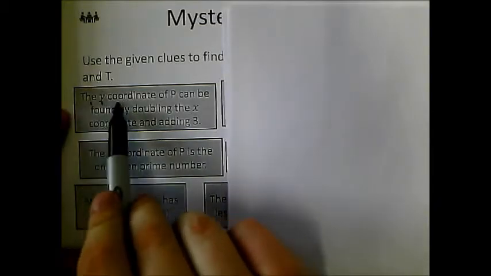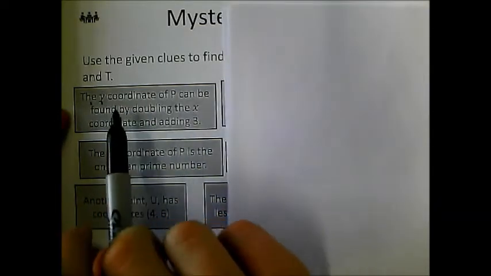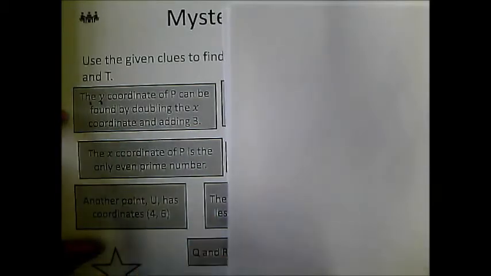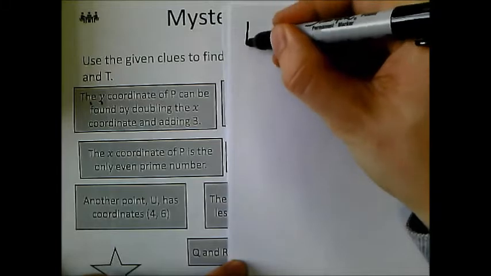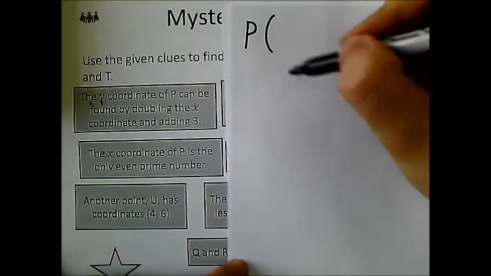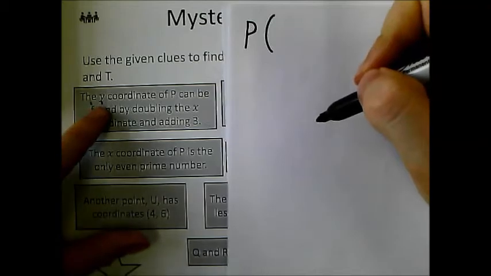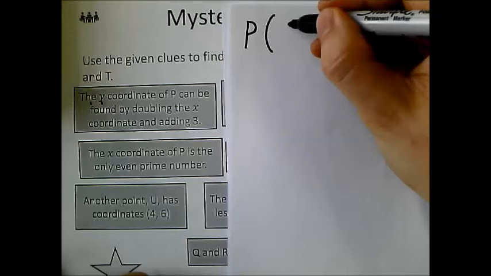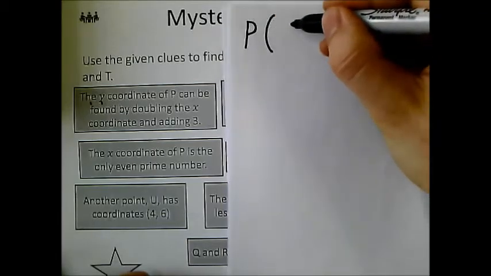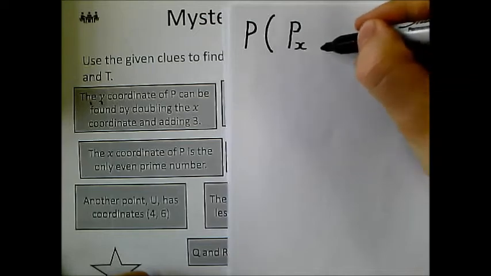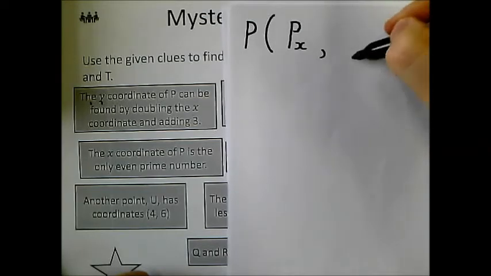We've got the y coordinate of P can be found by doubling the x coordinate of P and then adding 3. I'm going to label my first coordinate P. I'm told the y coordinate can be found by doing something to the x coordinate, so the coordinate for P is going to be Px and then Py.